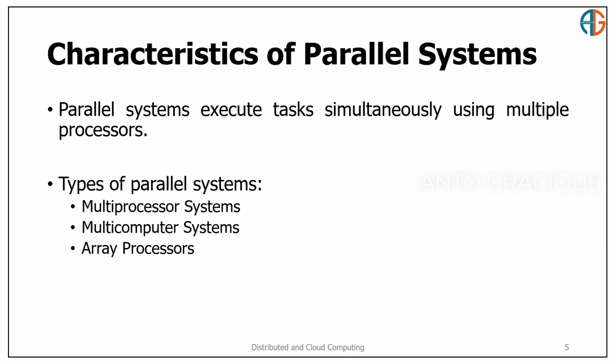Characteristics of parallel systems. Parallel systems involve the simultaneous execution of tasks using multiprocessors. The key here is that tasks are divided among processors and executed in parallel, leading to faster completion. Parallel systems can be categorized into three main types: 1.